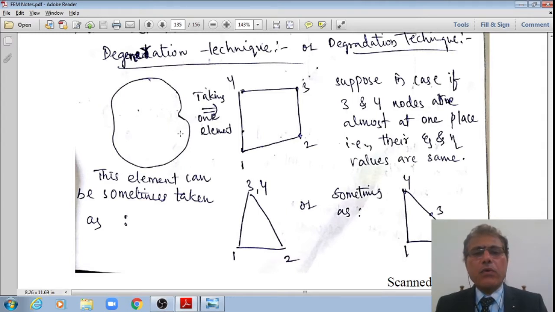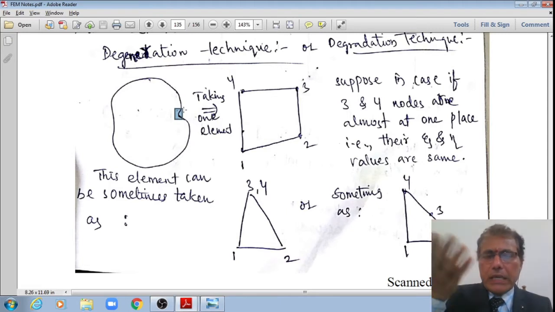Different numbers of elements may be there inside, of any shape, maybe triangular or square or trapezium shape, right? Sometimes, if I go to this niche part, we can see that the geometry does not have a perfectly straight line. It is a curved geometry.